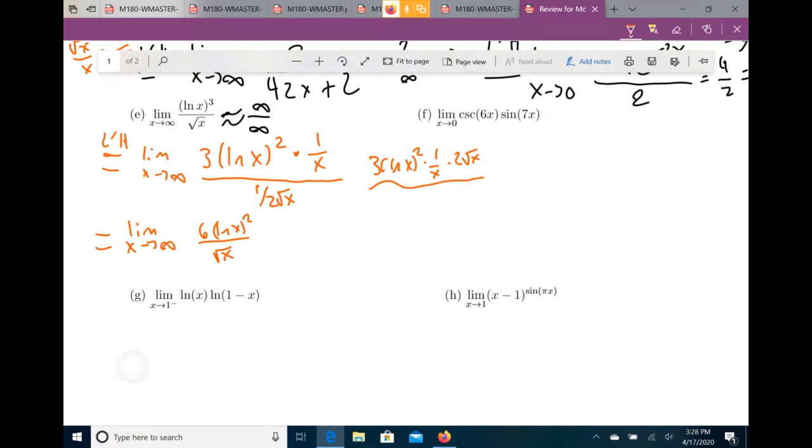So you take the derivative again using L'Hopital's rule. The derivative of the top, you'll use the chain rule, 12 ln of x times the derivative of ln of x, which you said was 1 over x. And on the bottom, we have root x again, so we get the same derivative as before, 1 over 2 root x.